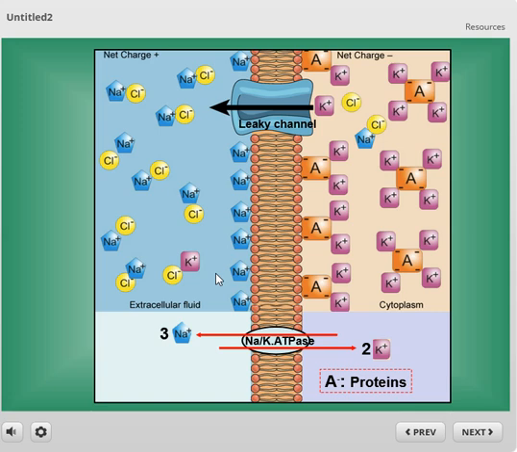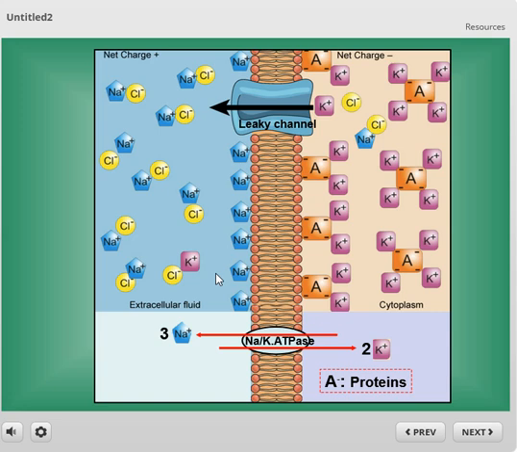The permeability of these channels to potassium is 100 times more than to sodium, and most ions, for example the potassium ions, are trapped inside the cells, and these ions cannot leave the cells.